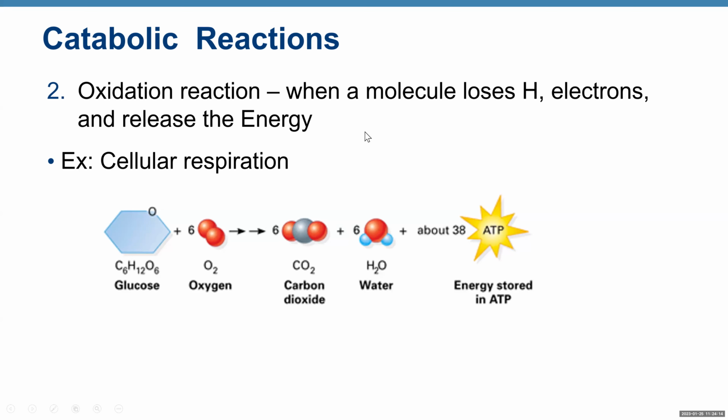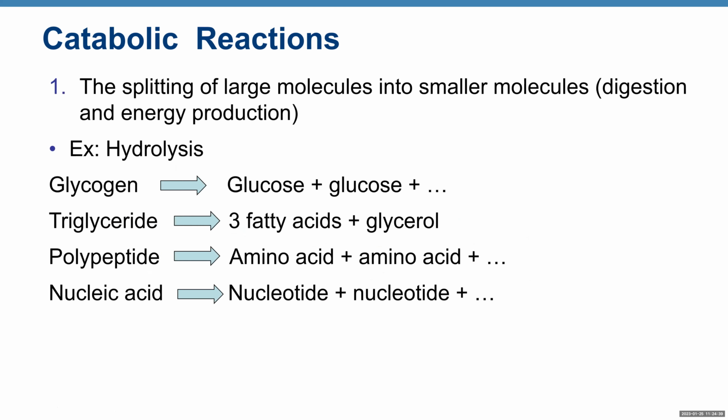Oxidation is when a molecule loses hydrogen electrons and releases energy. In this example, cellular respiration, your cell is going to hydrolyze glucose, right? Or even here, not hydrolyze, apologize, it's going to oxidize glucose, because to hydrolyze it, to do hydrolysis, you need water, right?